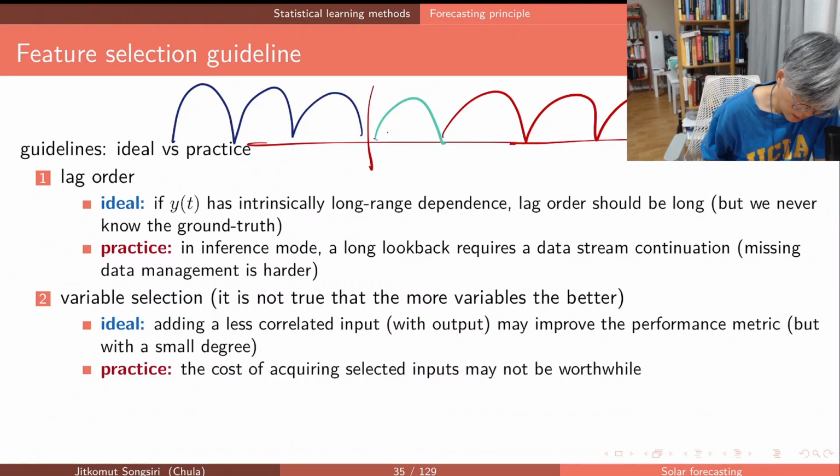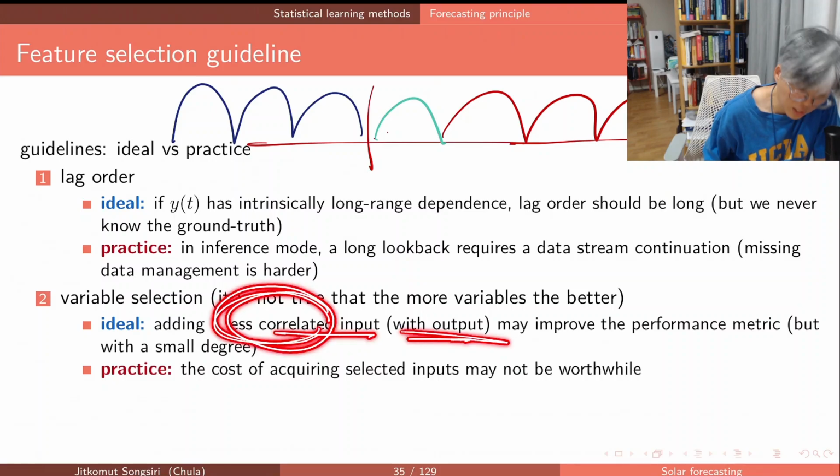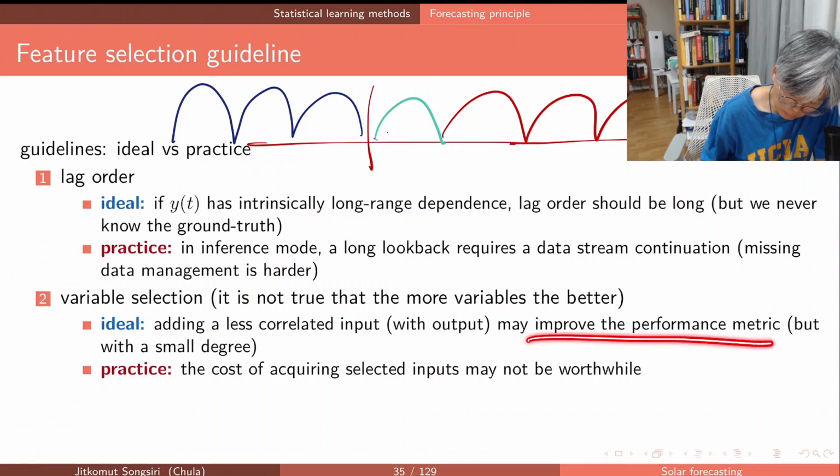What I mean is that if you pick an input that is correlated with the output somehow, but the correlation is not strong, it may improve the performance metrics to a small degree.